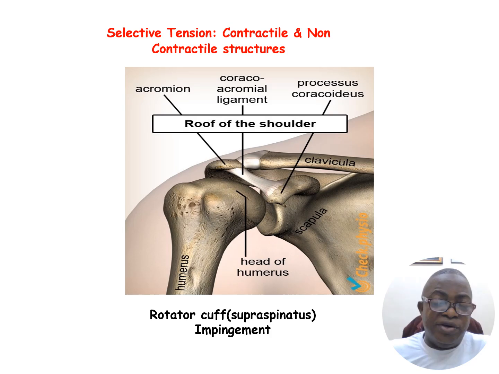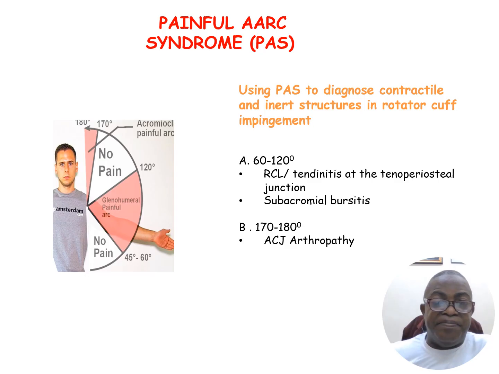Like I said earlier on, Cyriax went further on to illustrate this principle of selective tension in rotator cuff muscle impingement, or what some people will call supraspinatus impingement. I have explained to you earlier on that impingement is a situation whereby something is blocking the normal position of the joint or the normal anatomical movement of the joint inside the body.